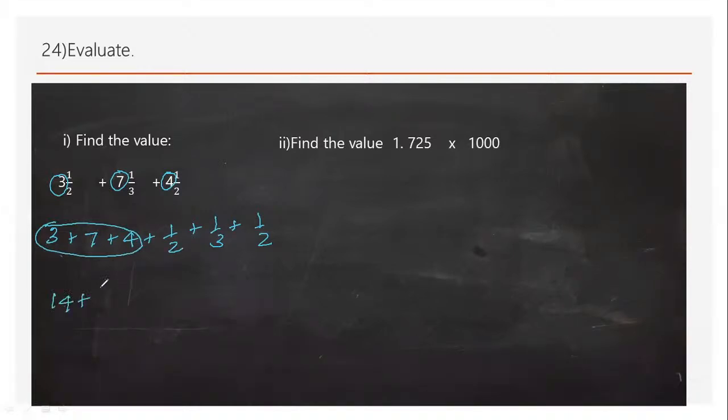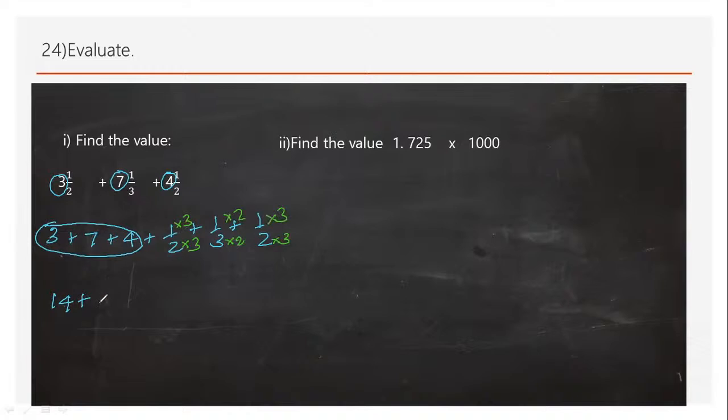Then you can convert the fractions to a common denominator. For that purpose, I will multiply by 3, by 3, by 2, by 2, by 3, by 3. Then you can write the answer here.